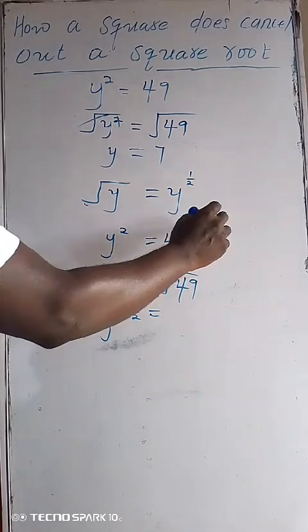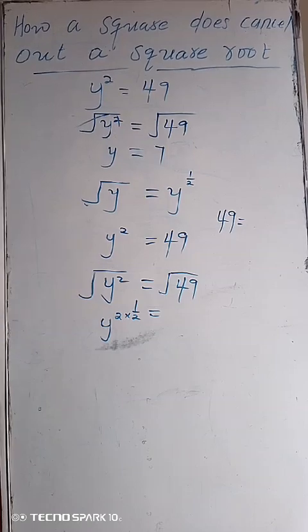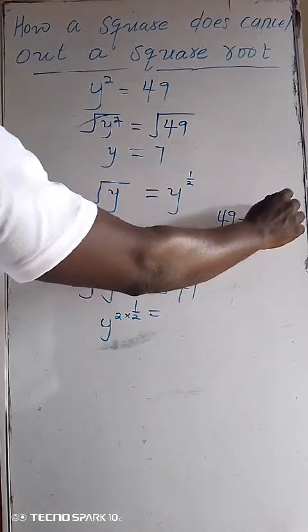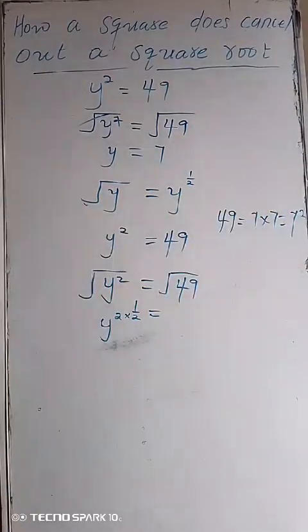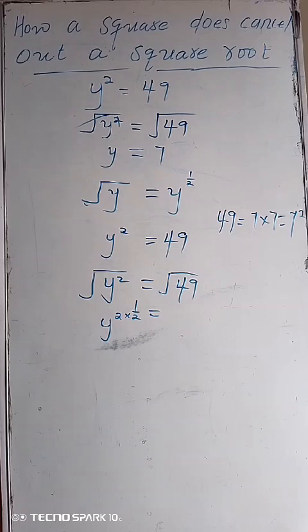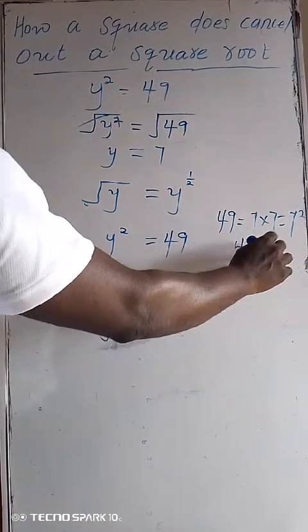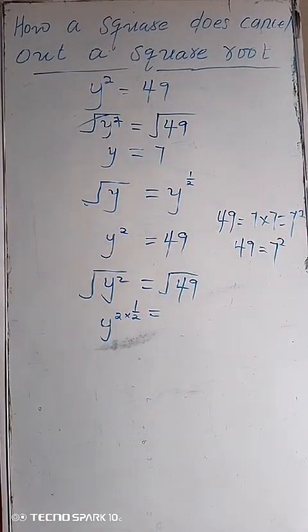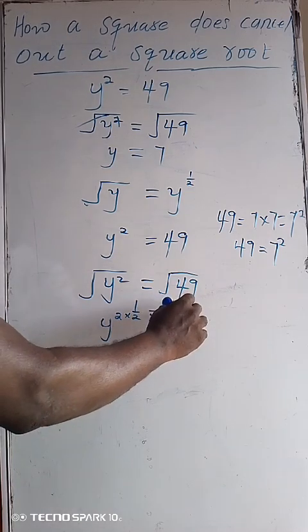Now let's look at the other side. 49 can be written as 7 times 7, which is also the same as 7 exponent 2. So in place of 49, I'm writing 7 exponent 2.